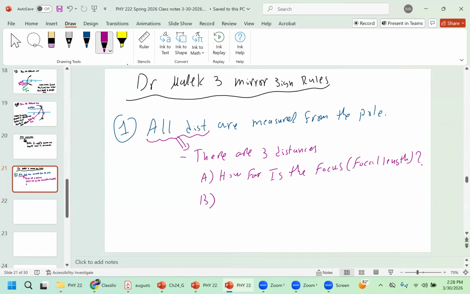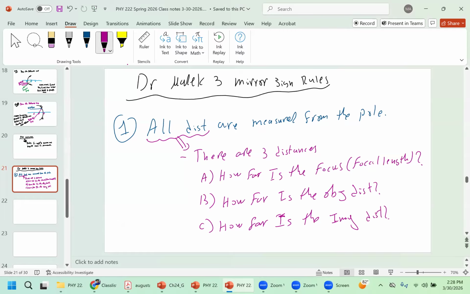The second one is how far is the object: the object distance. And the third one is how far is the image: the image distance. Those are the three distances that we measure from the pole.